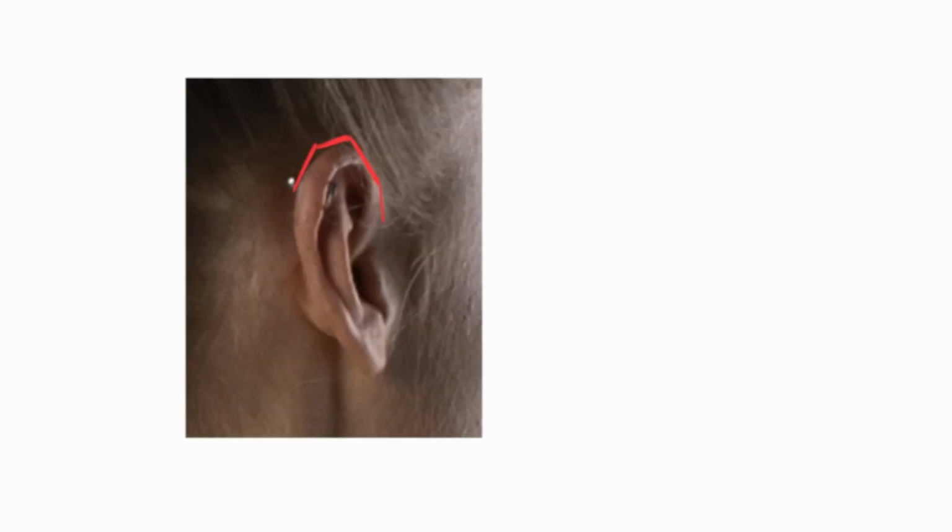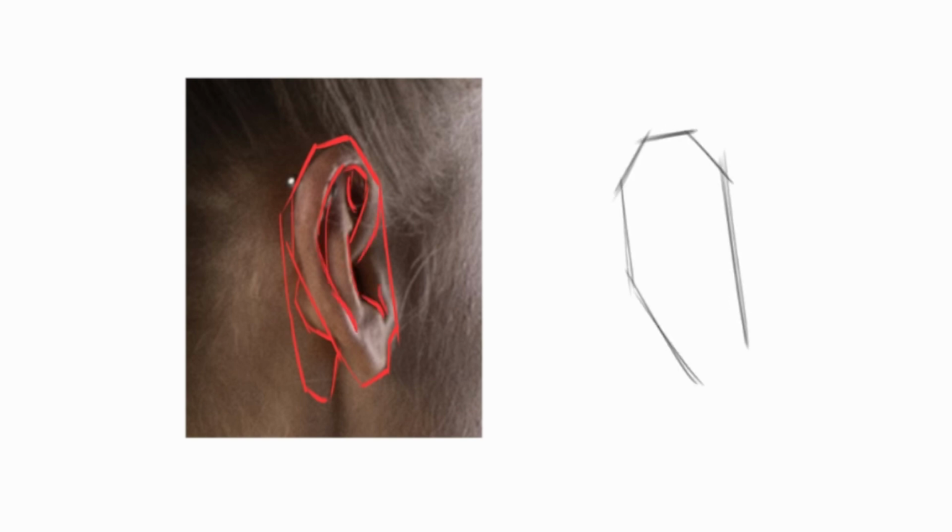And we're at the final stop here. Drawing the ear in these sorts of angles can get quite tricky, but I can still see those shapes, and so that's what I'm relying on.